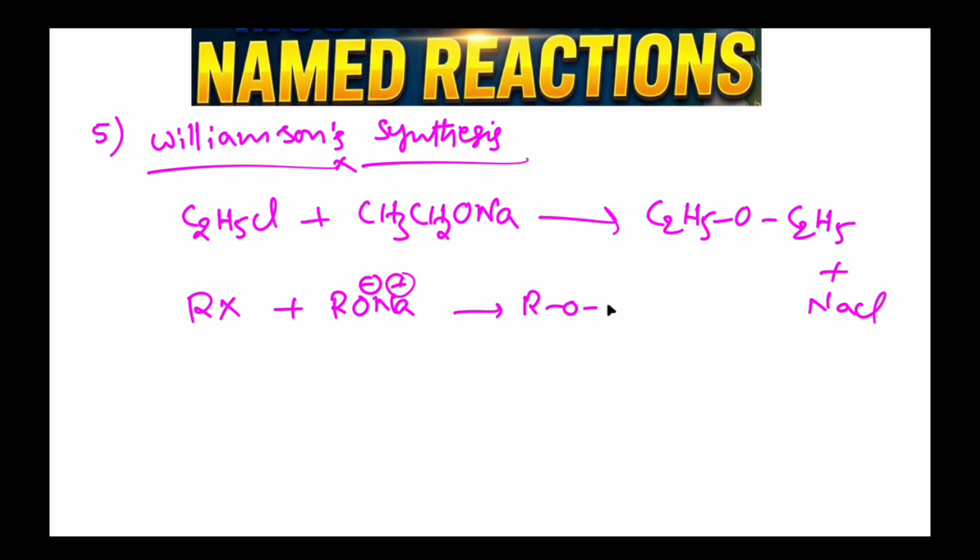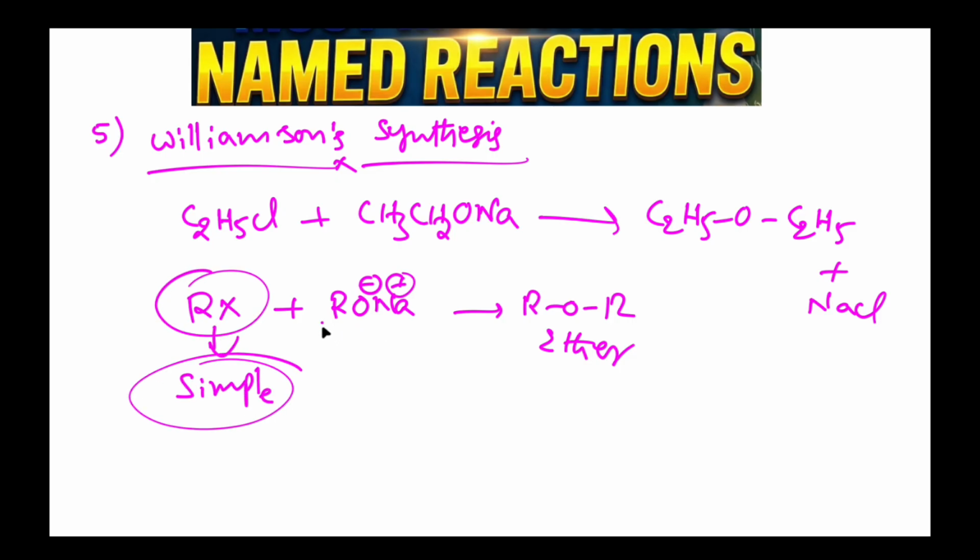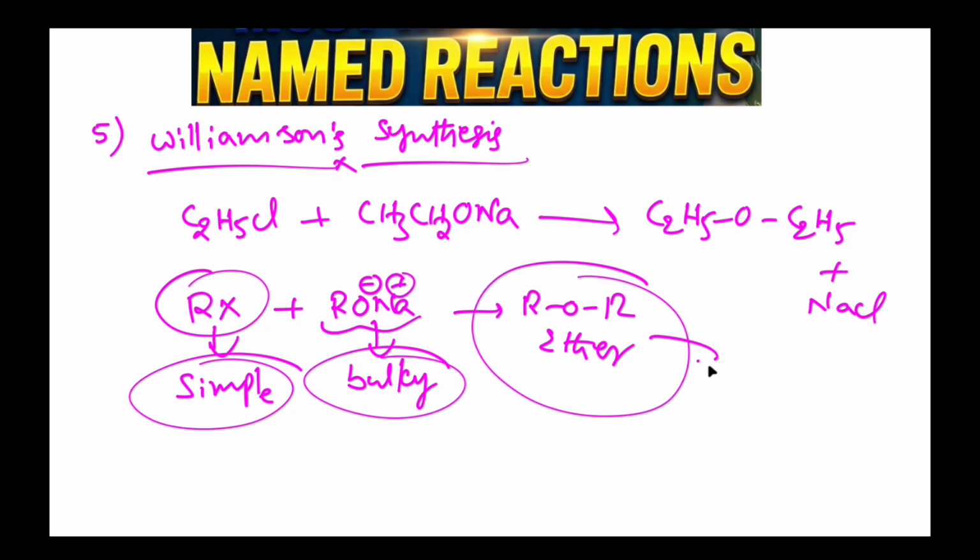We can get ethers. So in this reaction, the alkyl halide is a simple alkyl halide and the sodium alkoxide is a bulky alkoxide. Then we can get ethers as good products. So this is called Williamson ether synthesis. Simple alkyl halides can react with bulky sodium alkoxides, and we can get ethers in good yield.